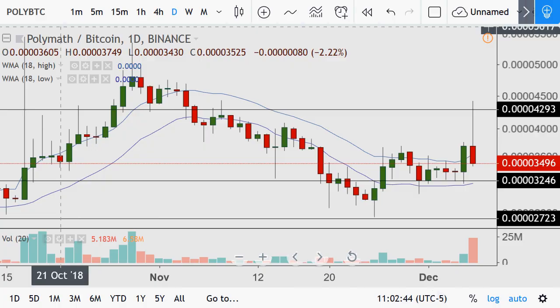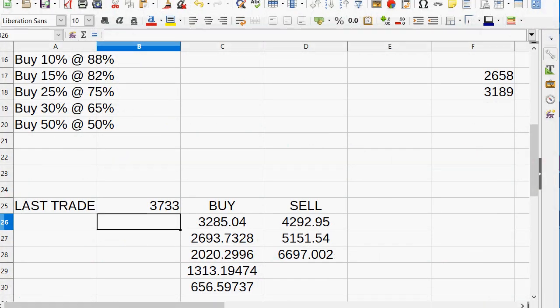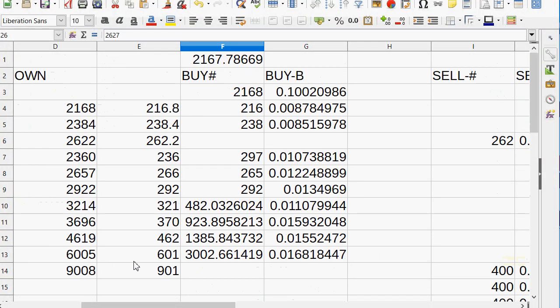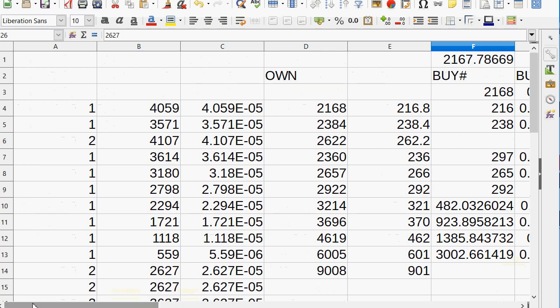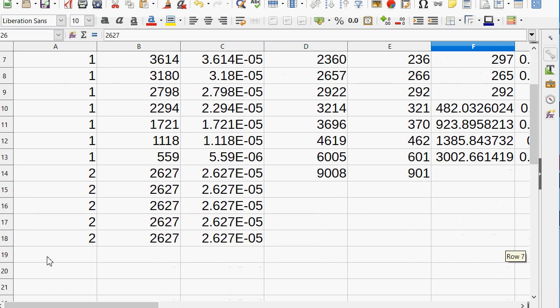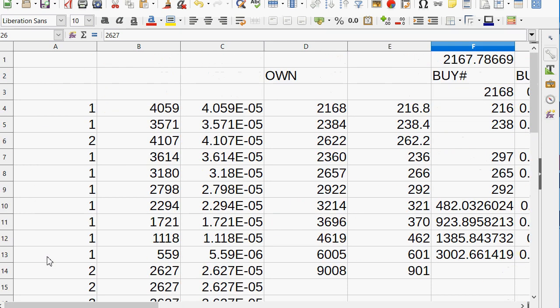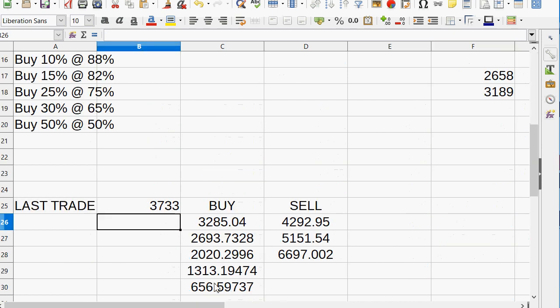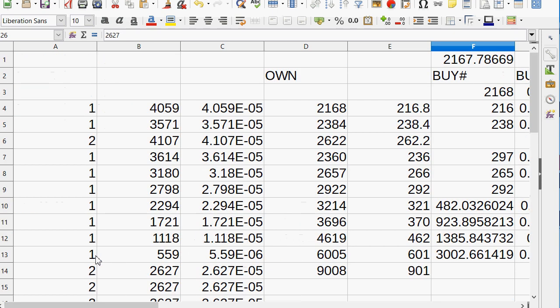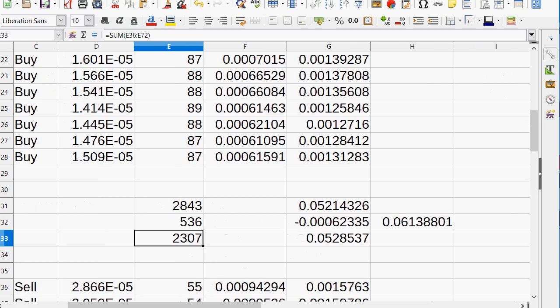And now we'll go into a spreadsheet. We have a few data points from before that was put in. Just want to make sure this is a correct spreadsheet. This isn't the correct one.